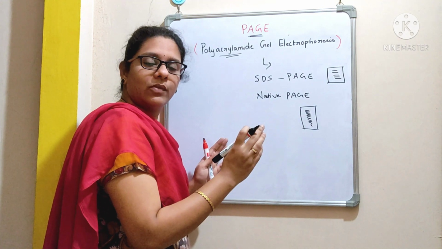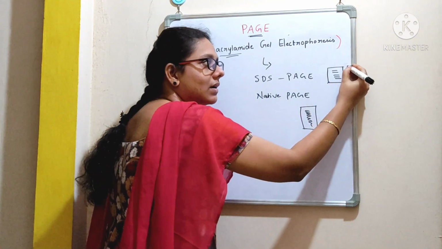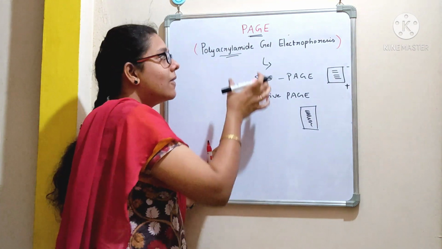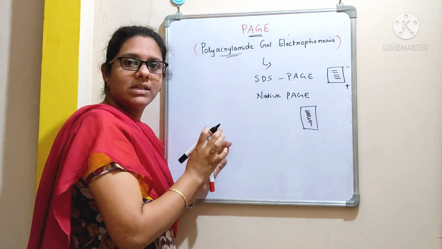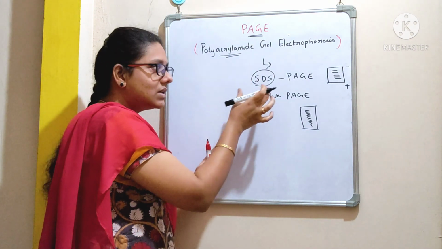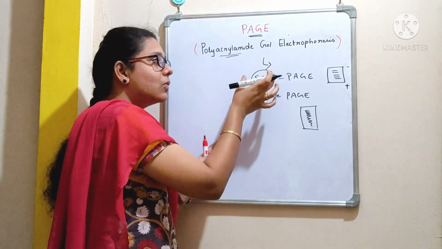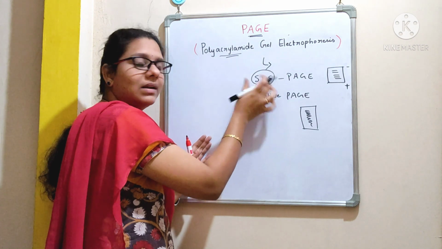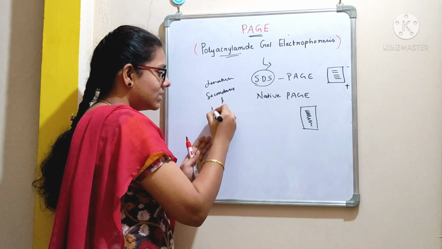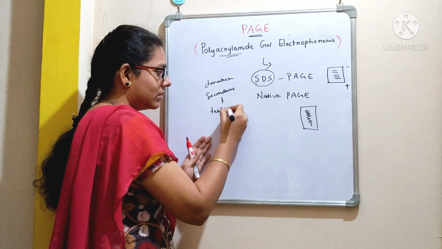In agarose gel electrophoresis, I explained that DNA carries a negative charge and it moves towards the positive charge. When it comes to polyacrylamide gel electrophoresis, we use an anionic detergent, sodium dodecyl sulfate. What it will do is, it will denature the secondary and tertiary structure of a protein.